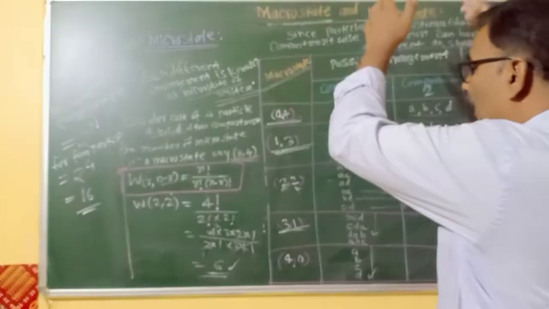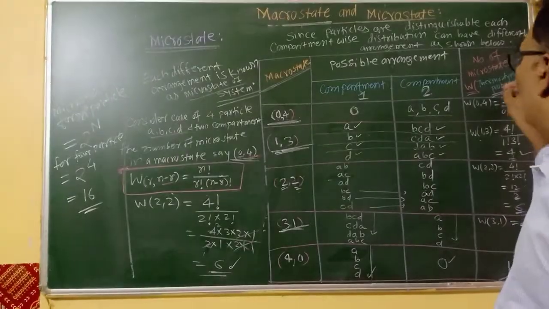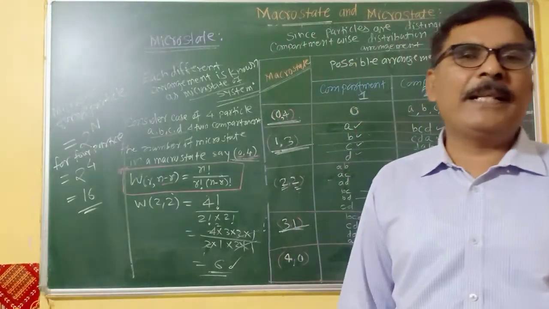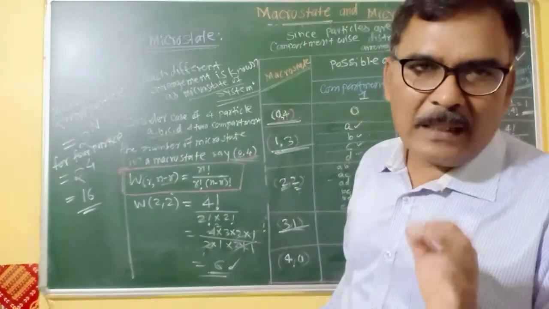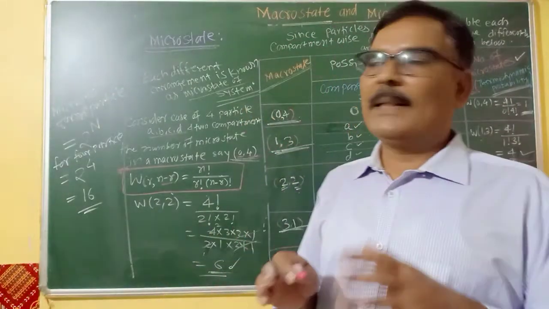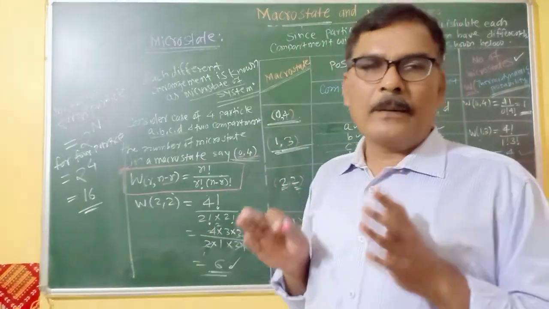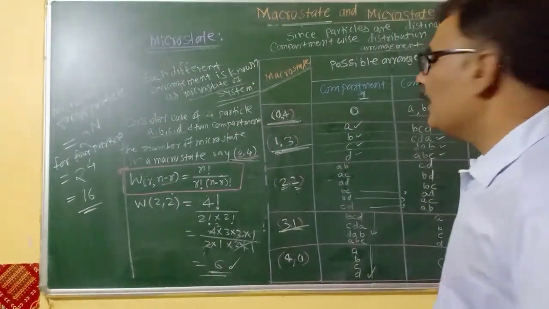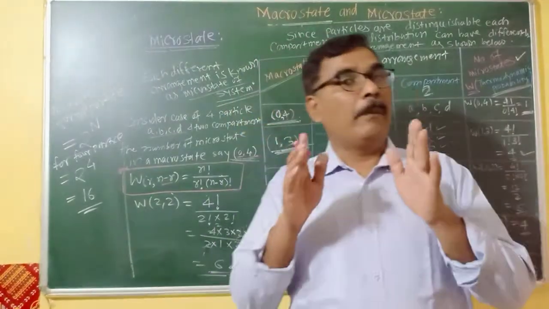अरेंजमेंट in compartment number 1 and compartment number 2, that can be calculated by using what? Thermodynamic probability. What is the formula for thermodynamic probability? The formula for thermodynamic probability is W(n, n minus r) is equals to n factorial upon r factorial into bracket n minus r factorial. And using this formula, we have to calculate microstate for first case, second case, third case, fourth case, and nth case. Like that, we have to calculate a general statement for microstate.